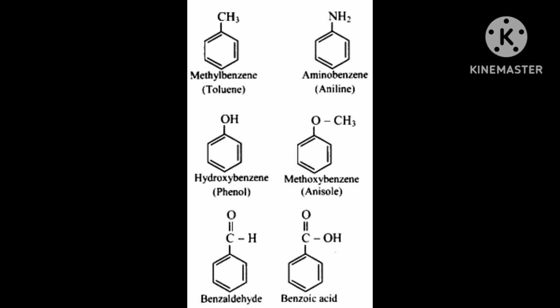Nitrobenzene means you write 1 benzene ring and attach 1 NO2 group. That is the first thing you have to do. 1 benzene ring and 1 NO2 group you attach. Okay, then that is the nitrobenzene.